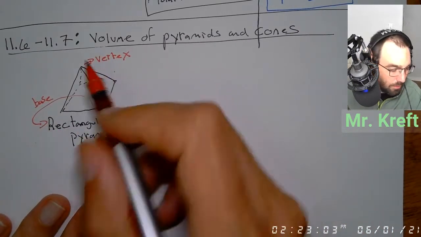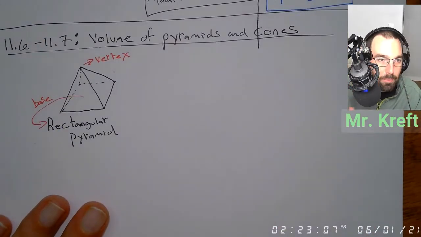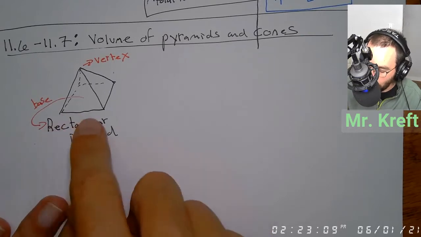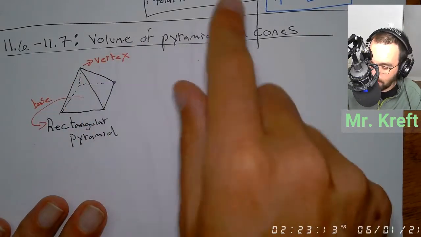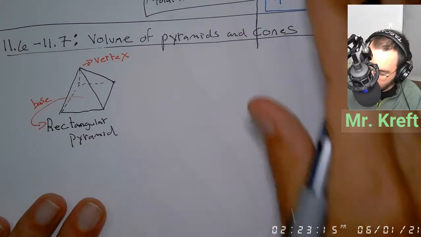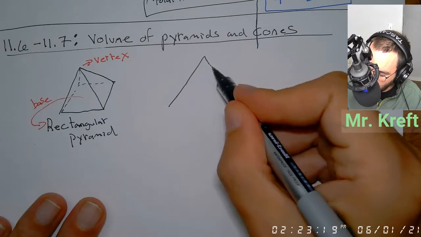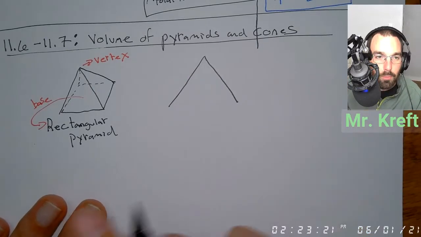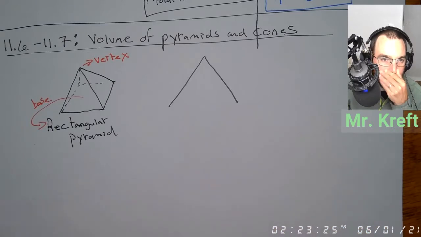So we have the vertex up here. Okay, and that's just a basic pyramid. The base here is a rectangle, and I'm going to have a vertex up here. So next we want to do a cone. Now a cone is going to start out kind of the same, but we're going to draw a triangle without the bottom connected.